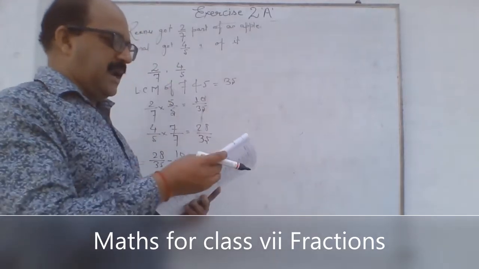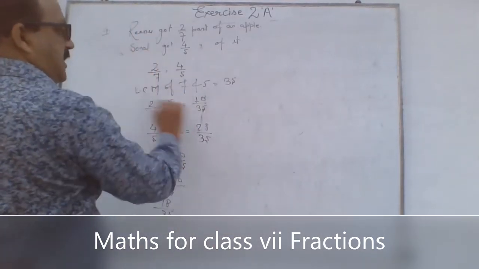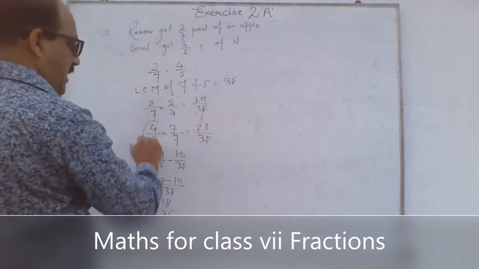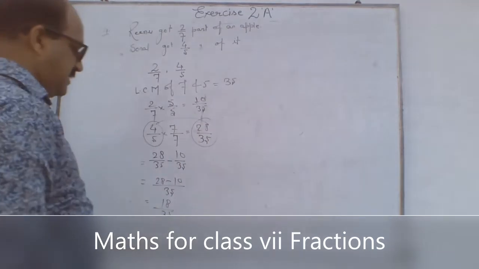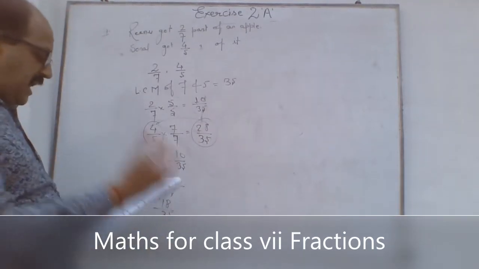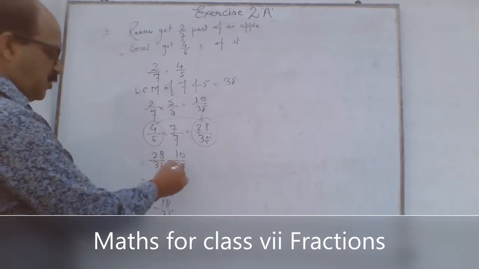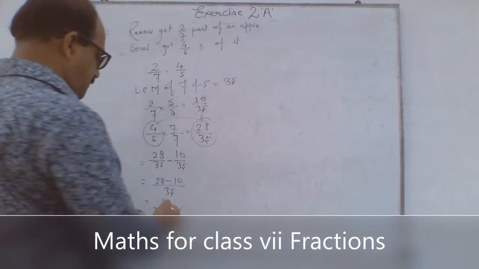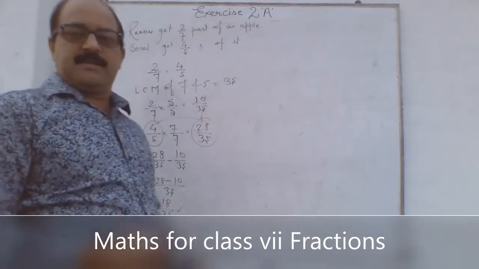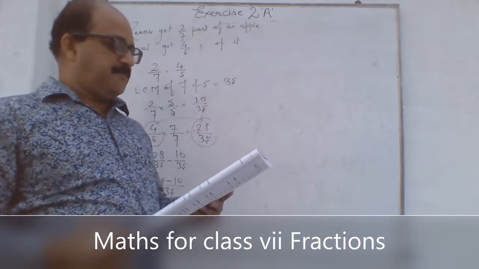Who got the larger part? Sonal got the larger part because the value of 4 by 5 is 28 by 35. And by how much? When we subtract the smaller part from the larger part, we get the answer: 18 by 35. Hence, in question number 5, find the sum.